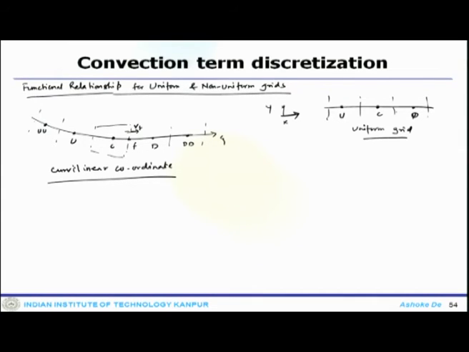So, one important point which is here, the functional relationship for uniform grid remains exactly the same, and for the non-uniform also, independent of whether the Cartesian or the curvilinear grid system is used. For non-uniform grid, the independent variable x which is appearing in the functional form should be replaced by xi.